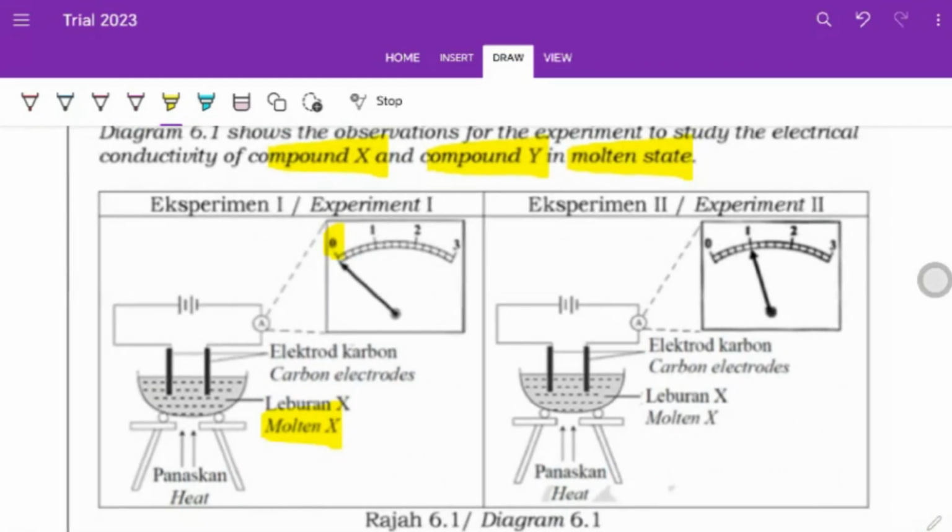This one should be Y. Experiment 2, this one should be Y. Spelling wrong. Then this one shows the reading. So what is compound X? What is compound Y?